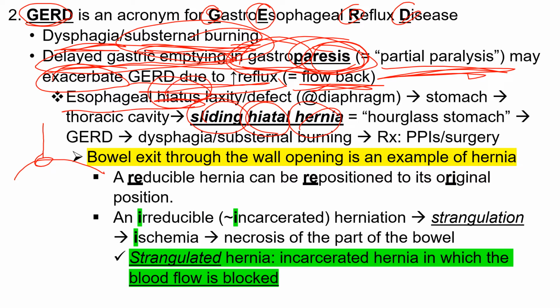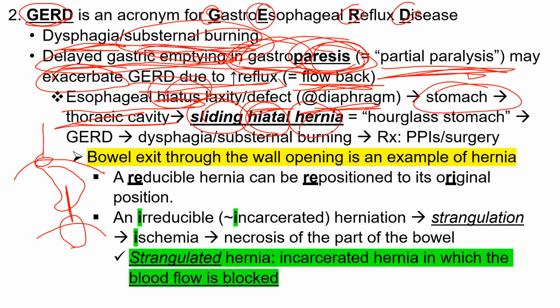So sometimes this hiatus, the hole before esophagus can enter the stomach, is a little bit loose. There is a defect in it at the level of the diaphragm. And so stomach can actually protrude. So this is the stomach sticking out, and the esophagus starts above the diaphragm, in the thoracic cavity, okay? So a part of the stomach protrudes through the diaphragm, and because it protrudes through a hole, it looks like a number 8, okay? And because of this waist, it's called hourglass stomach, and this hourglass stomach can exacerbate GERD.